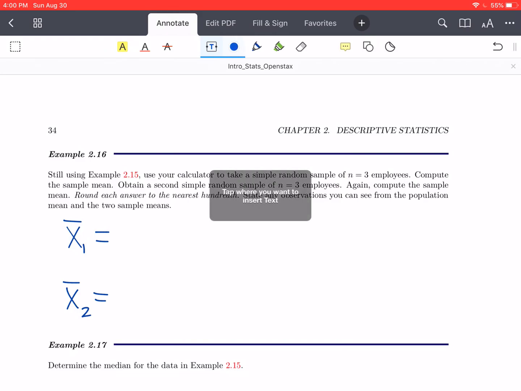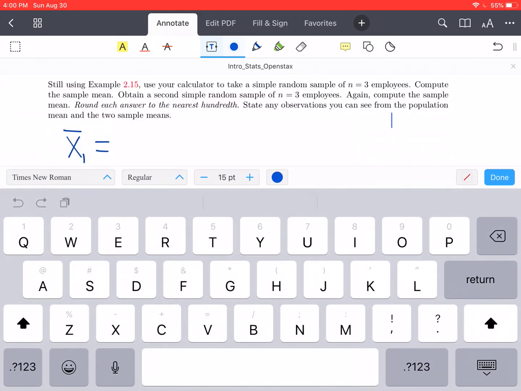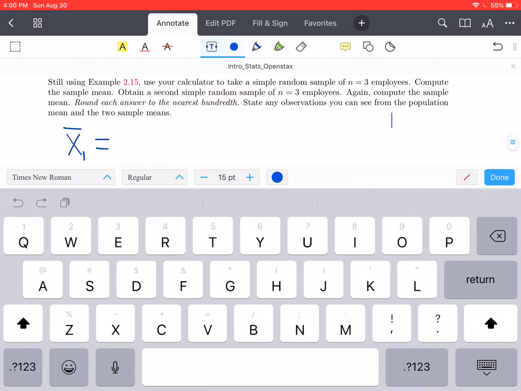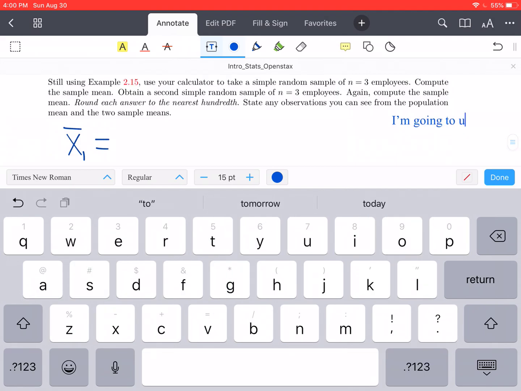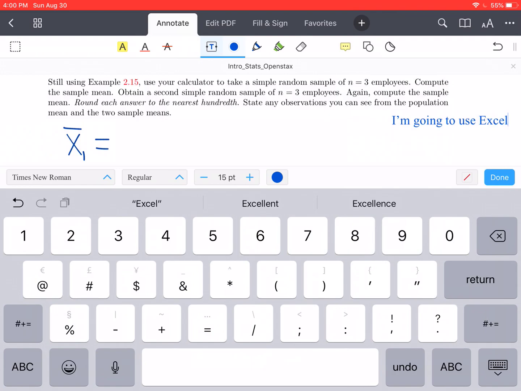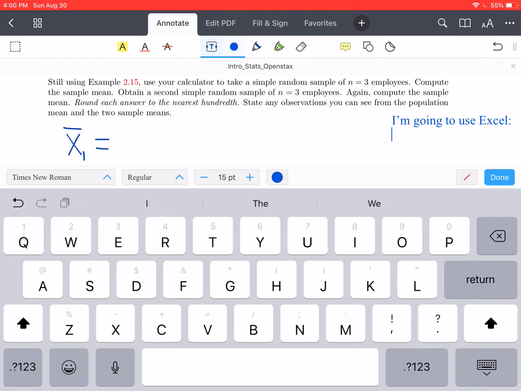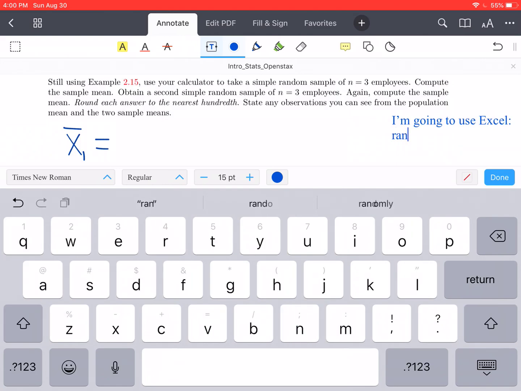What I'm going to do for this one is use Excel. You can use a calculator, you can use different software to do this, but Excel is pretty quick. I've shown you this function before, but you have to type equals first.